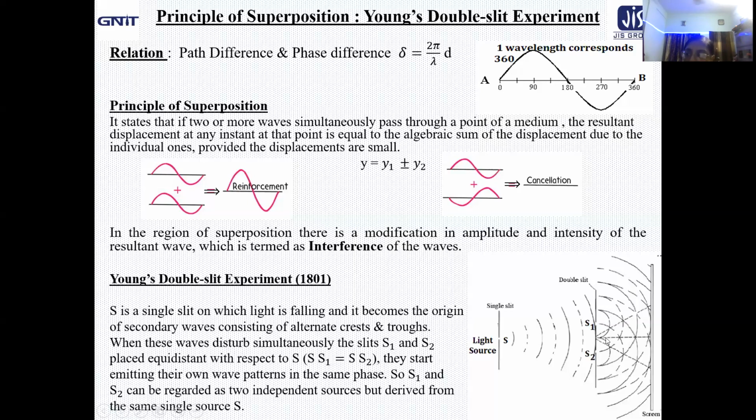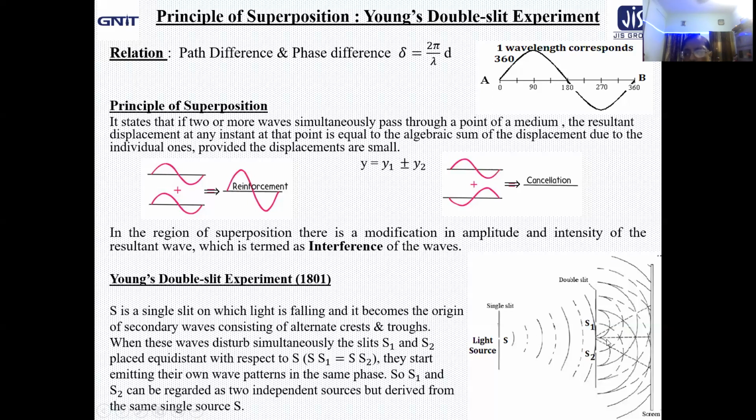So according to the principle of superposition, what about the resultant amplitude along this line? Amplitude is nothing but the maximum value of displacement. So it will be y equal to y1 plus y2. Since we are considering S1 and S2 as two similar sources, occupied by light from one source, you can take the amplitudes to be exactly equal, say A. Then the resultant amplitude along this line is obviously A plus A, that is 2A.